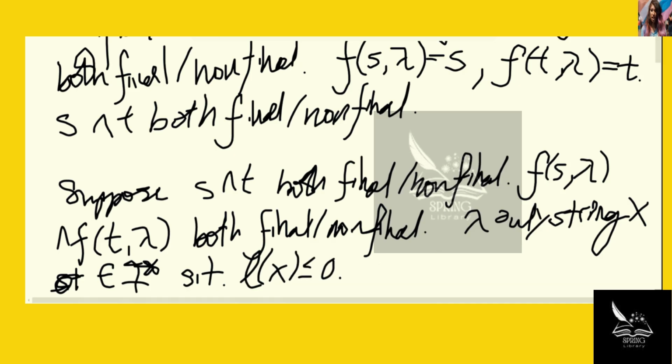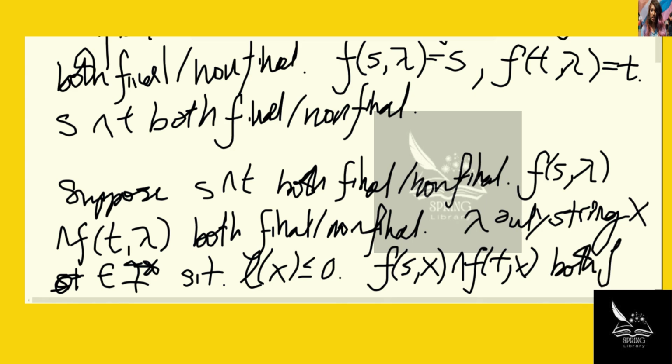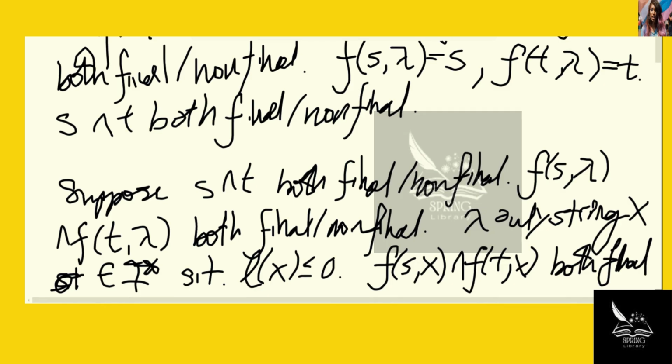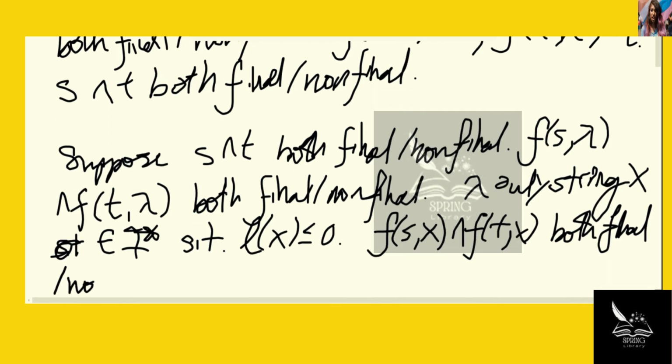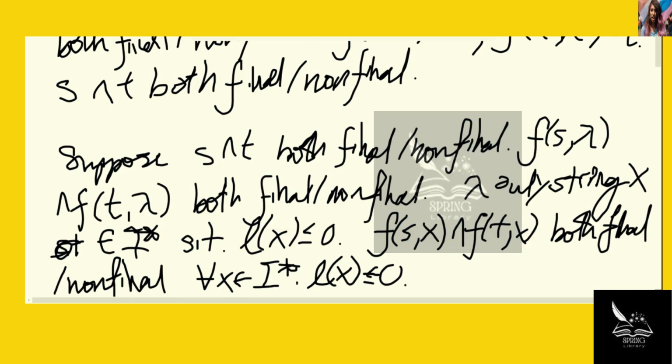So it follows that f of Sx and f of Tx are both final or non-final states for all strings x of length less than or equal to 0. Therefore, it follows that S is 0 related to T. And this is what we wanted to prove.